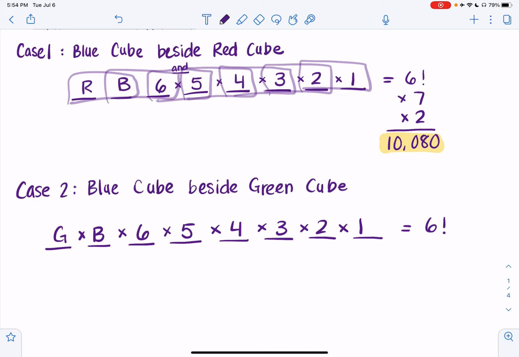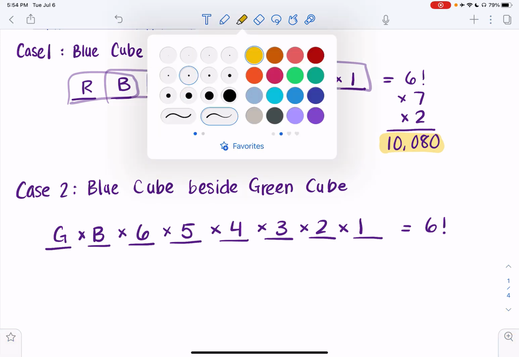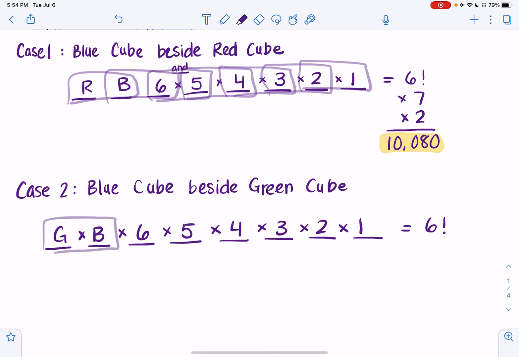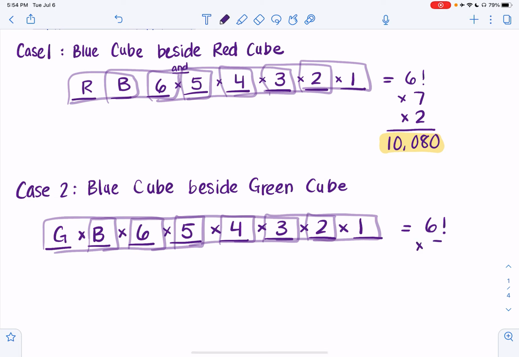Again, we need to account for all of the different spots where we can have the green-blue pair. This green-blue pair can hang out in the spot it's currently written in. It could also hang out here, here, here, here, here, or here. So there are 7 different options of where that GB could be living.